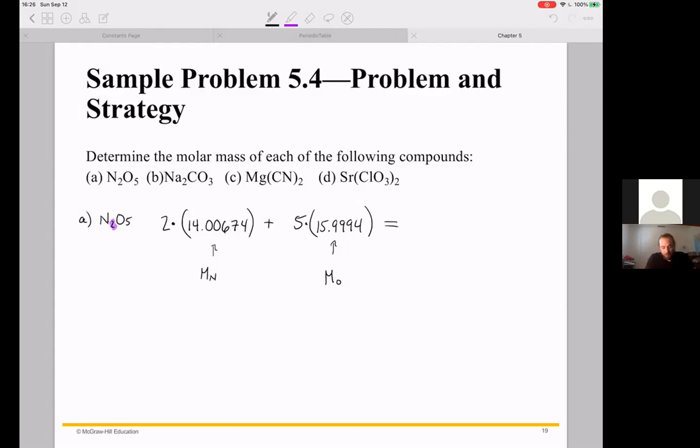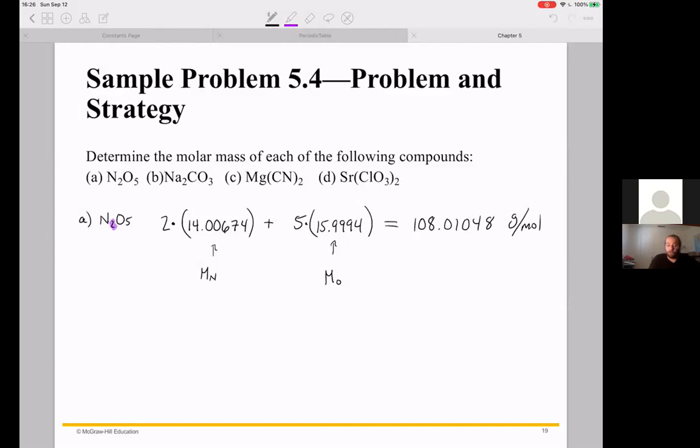So 2 times 14.00674 plus 5 times 15.9994. Making sure to do that all in one shot. I promise it'll save you an error. And what we get is 108.01048 grams per mole.